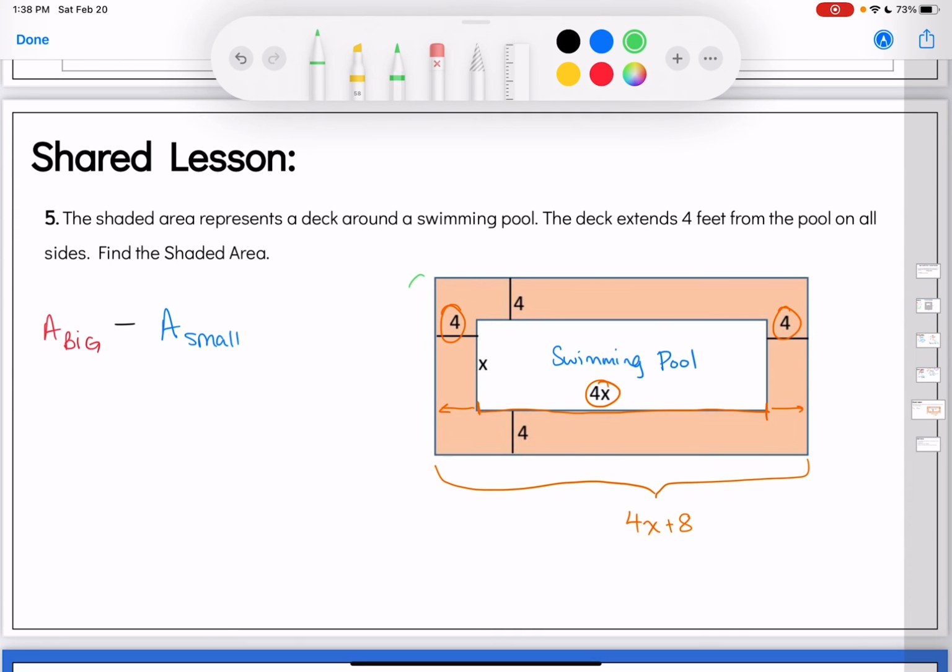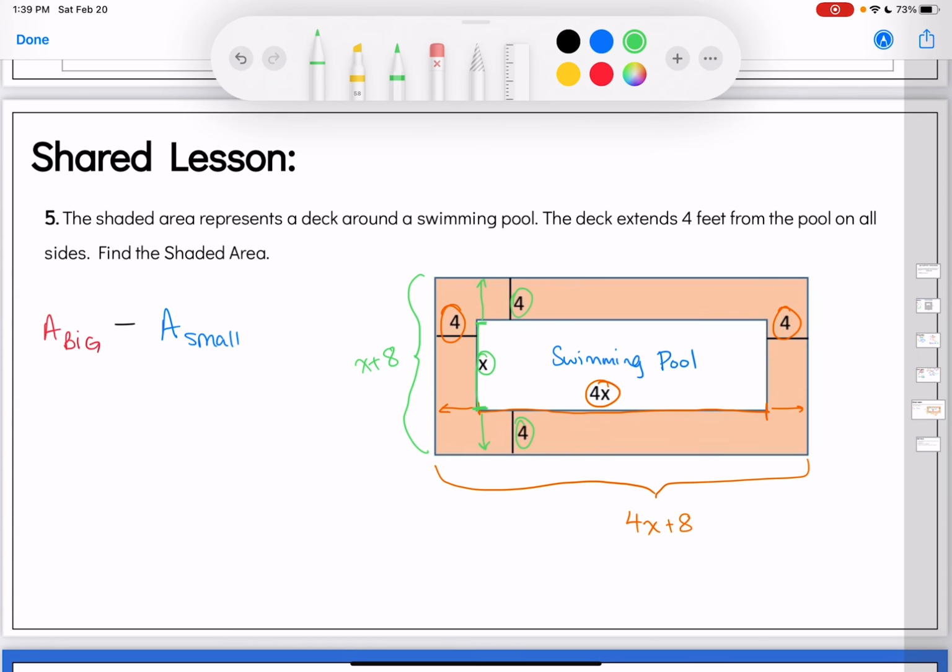All right, same thing with my height here, right? Or my width, however you want to think of it. Well, I know that from here to here, the pool part, this is x. But then I need to keep going. I need to do the top and I need to do the bottom. Oh, well, the top is 4 and the bottom is 4. So it'd be 4 plus x plus 4, or x plus 8.